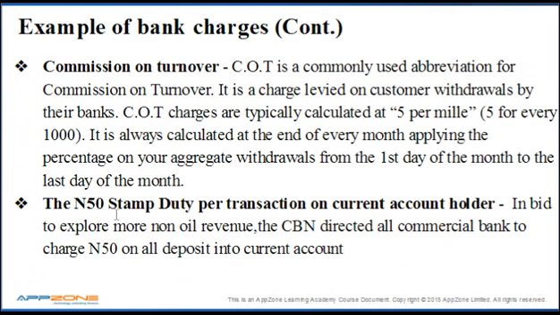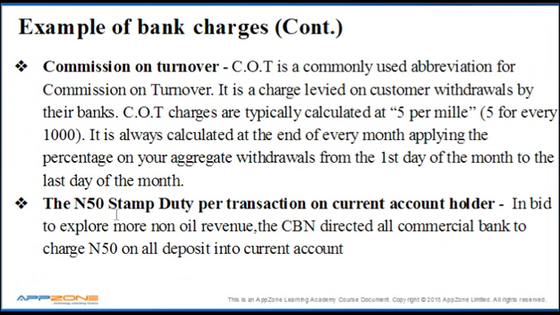So let's just take a scenario. Let's assume that I make a withdrawal of 5,000 on the first day of January, and I make another withdrawal of 10,000 on the 15th day of January, meaning that I have made two withdrawals now, making 15,000, and I make another 15,000 withdrawal at the end of the month. So the whole amount of withdrawal I've made is how much now?